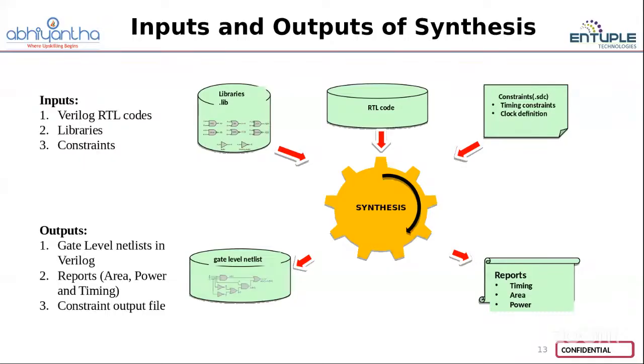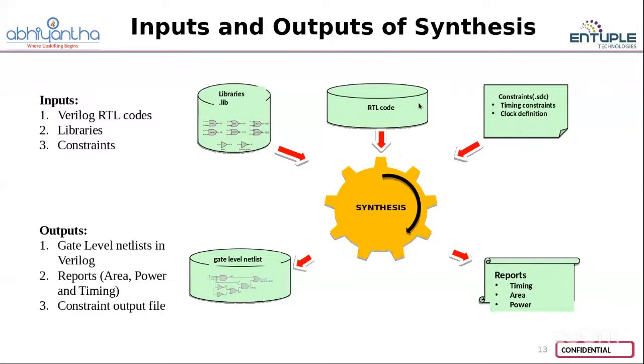This is with respect to the technology foundry. Based on whichever foundry you choose, you need to get your PDKs, as I mentioned in the flow. These process design kit libraries you need to add.